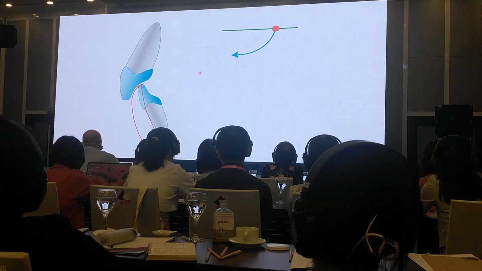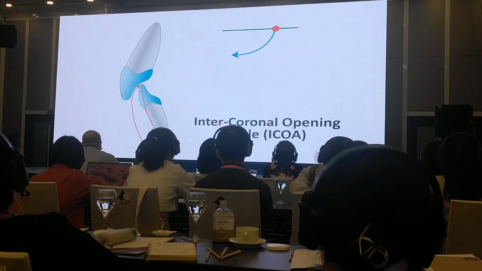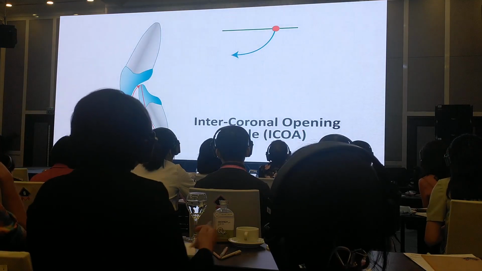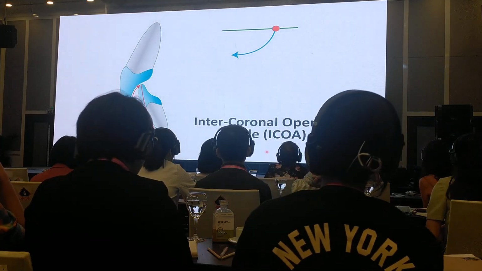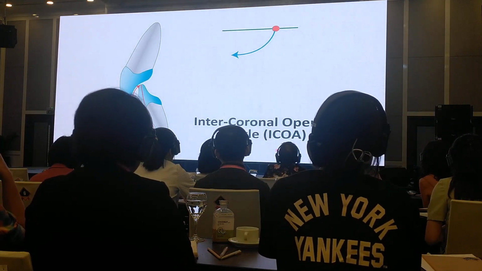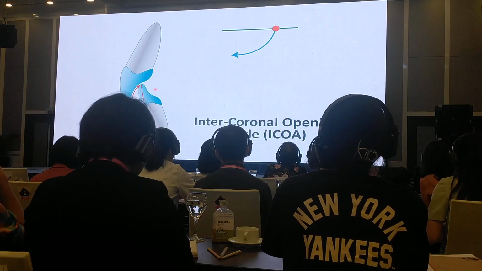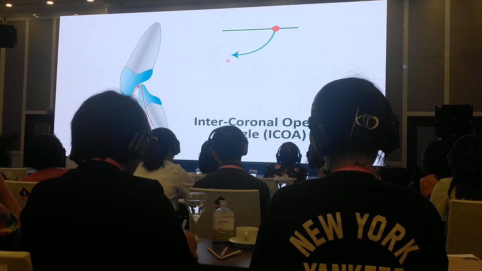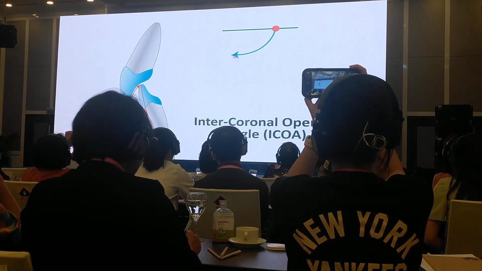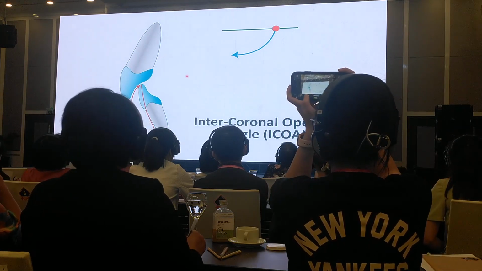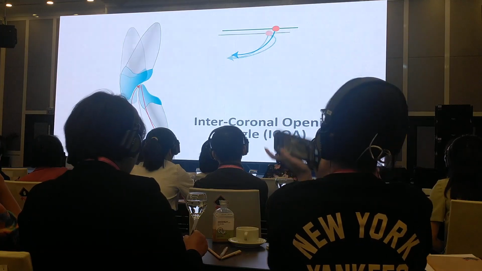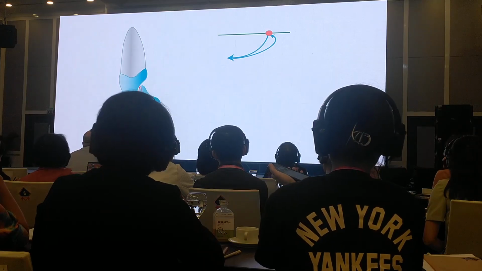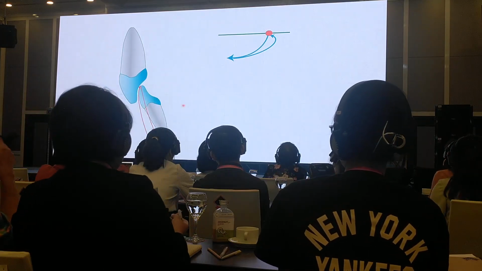We call this the intercoronal opening angle, or sometimes space. If the mandible is functioning dynamically, the condyle functions nicely this way. But if you narrow this space, now this is a big problem.